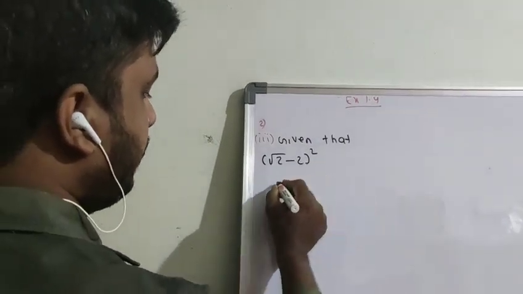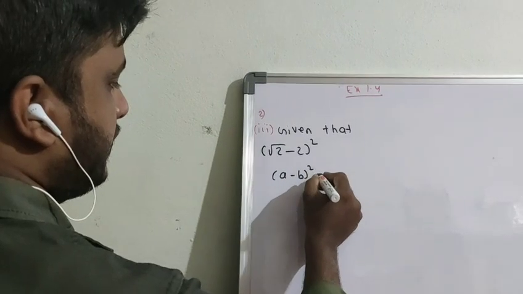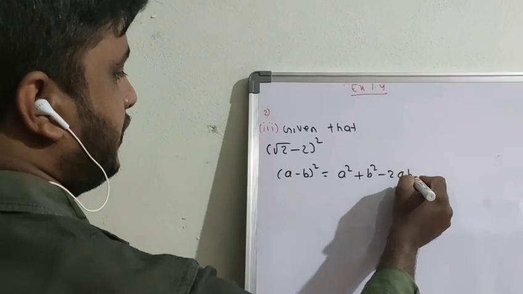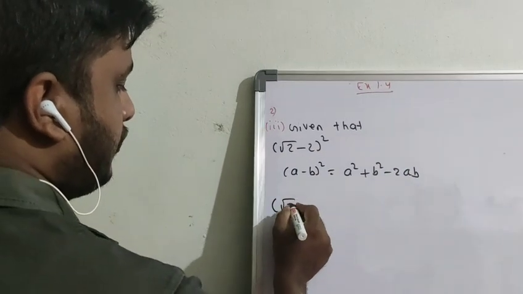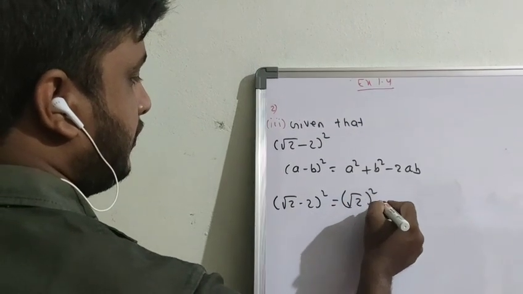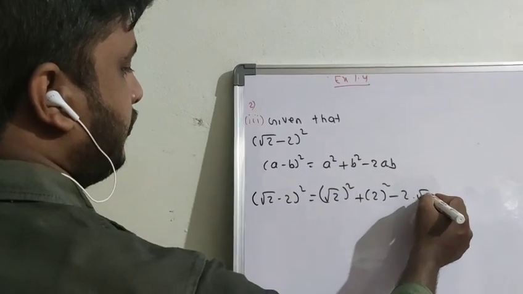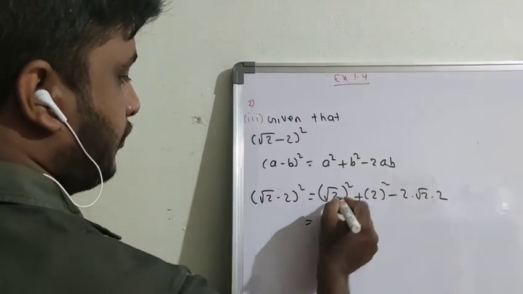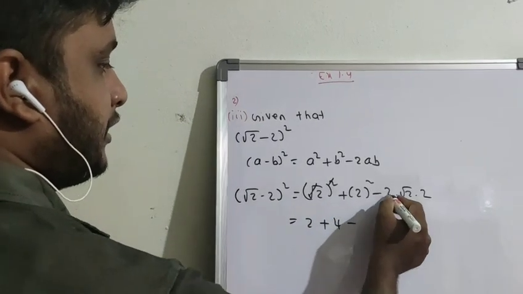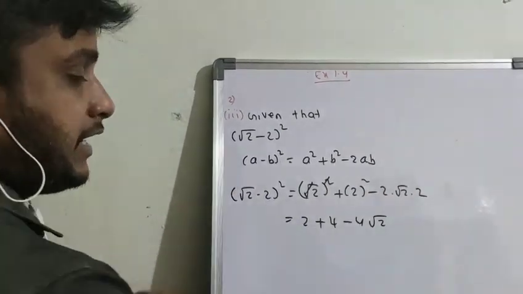It is in the form (a minus b) whole square, which is equal to a square plus b square minus 2ab. Applying to (root 2 minus 2) whole square: a square, that means root 2 square, plus b square, 2 square, minus 2 into a, root 2, into b, which is 2. The square and root get cancelled: 2 plus 4 minus 2 into 2 root 2, that is 4 root 2. Don't multiply this inside number, you cannot multiply.